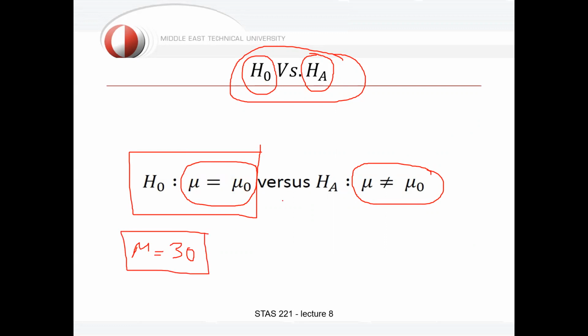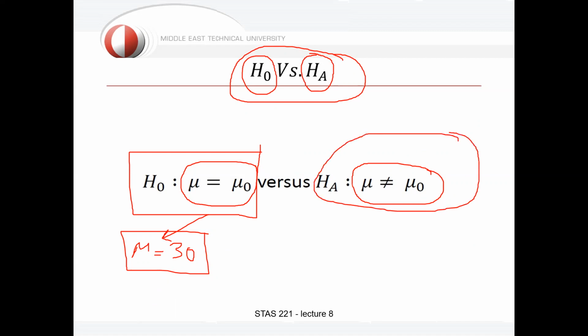So what we are trying to do in this test, shall we accept that mu is equal to 30? It means that we estimate it and we say with certain confidence level that this is the case or not. And if we are able to reject it at certain confidence level, then we accept this one.